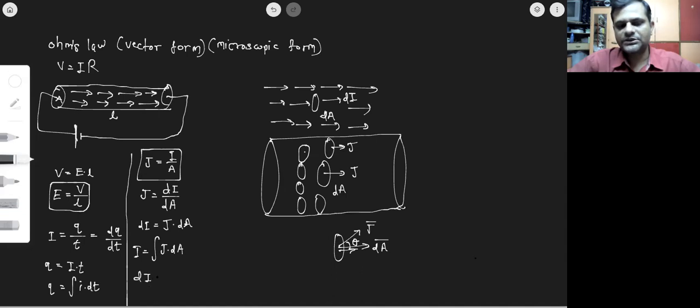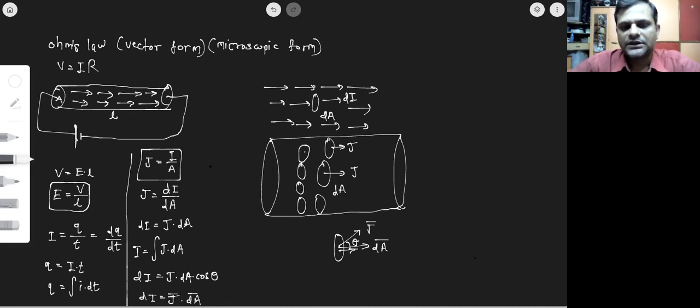So current passing through some area where the area vector is not perpendicular to the current density, in that case we can get J into dA into cos theta, which can be written as just the dot product of the current density vector and area vector. Area vector is the vector which is perpendicular to the area itself, remember, and it has the same magnitude as that of the area actually.